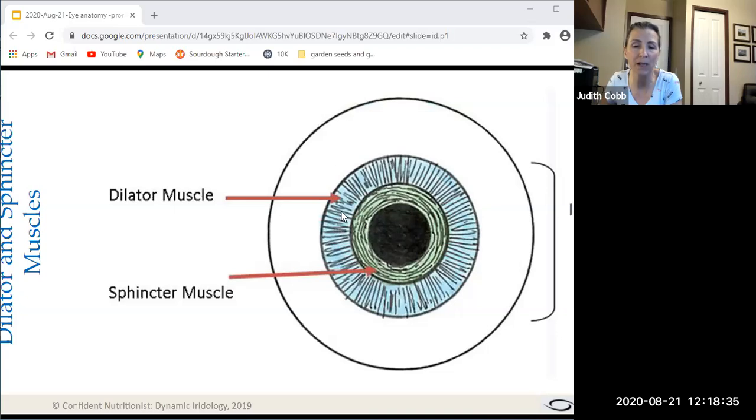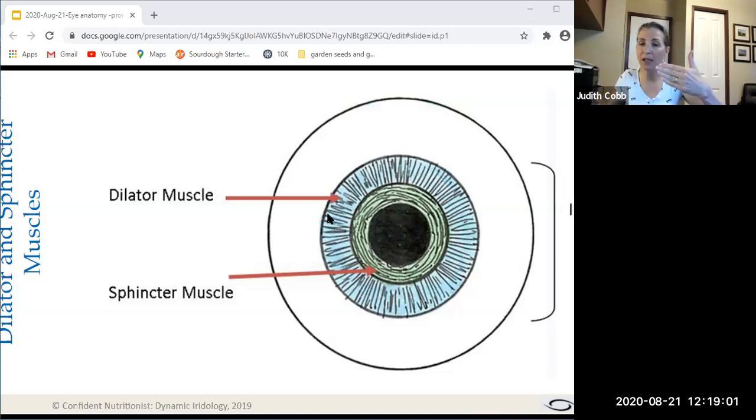So when we look at the dilator muscle, it is anchored in to the sclera edge, and it is attached to this edge of the sphincter muscle. So when these dilator fibers, the dilator muscle fibers that are straight, contract, they do this. When they ratchet in, something has to move.